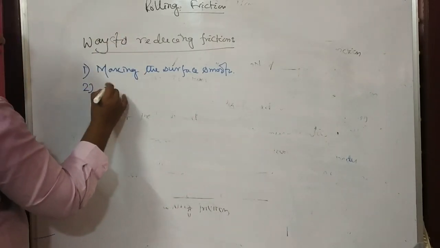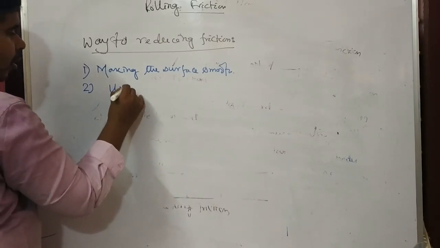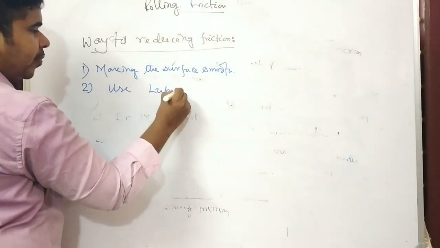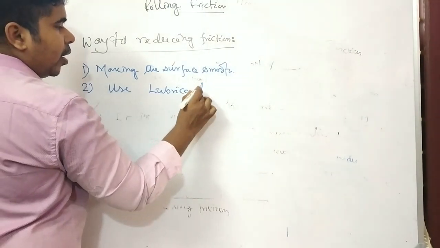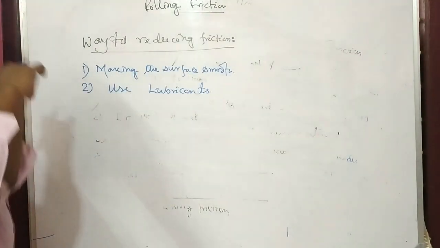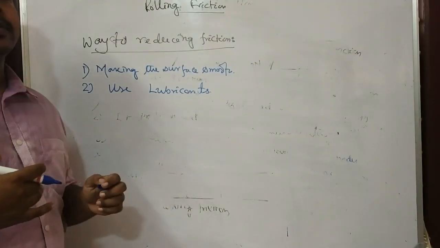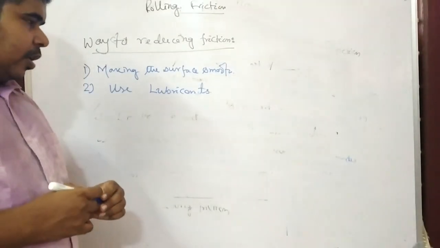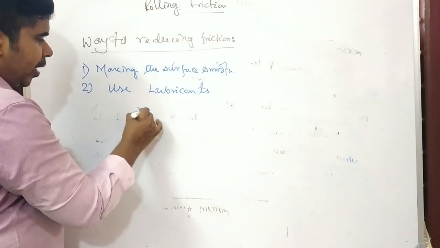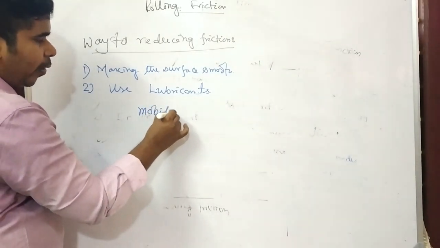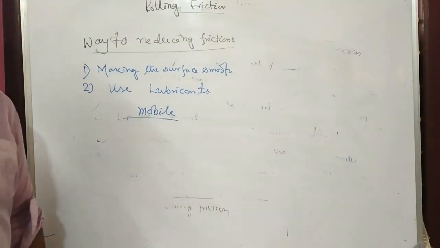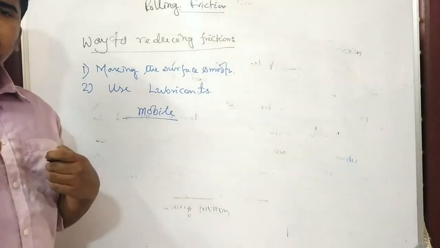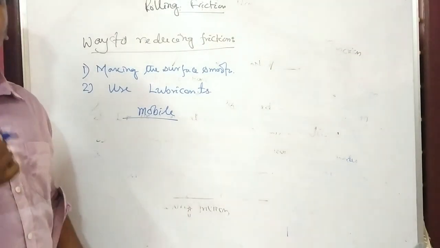Number 2, we have to use lubricants. What are lubricants? Whenever we go by a bike, car or bus, we have to apply mobile oil inside it, or engine oil. The ad also comes, engine oil. What is the need of engine oil in an instrument?